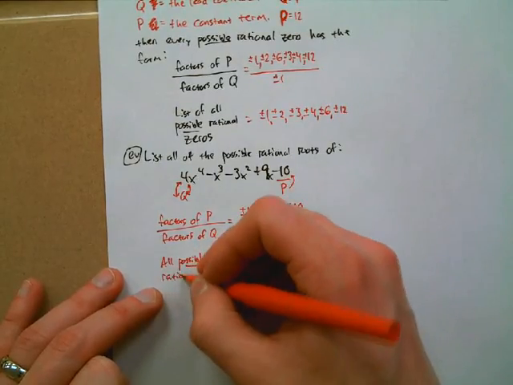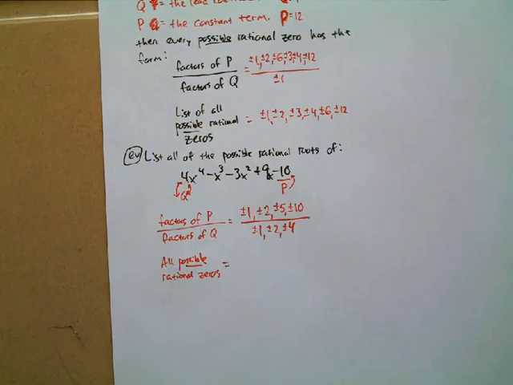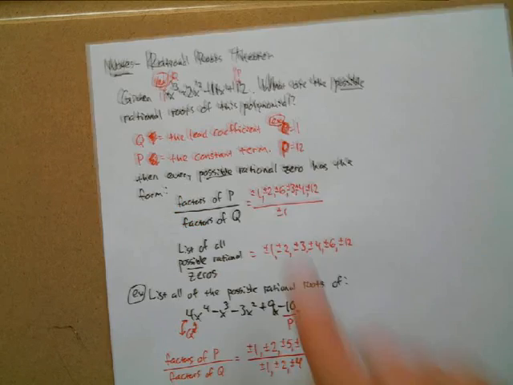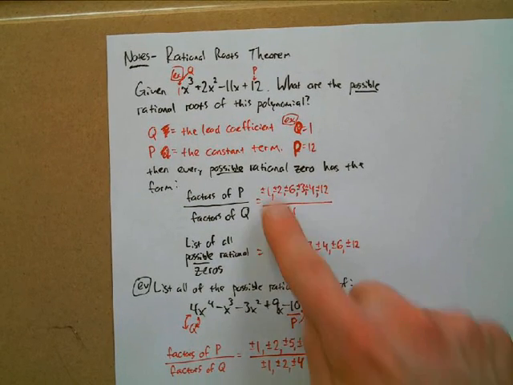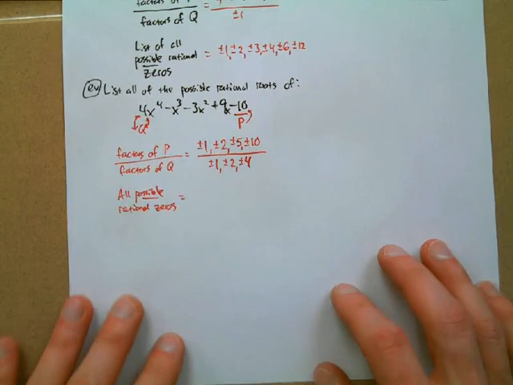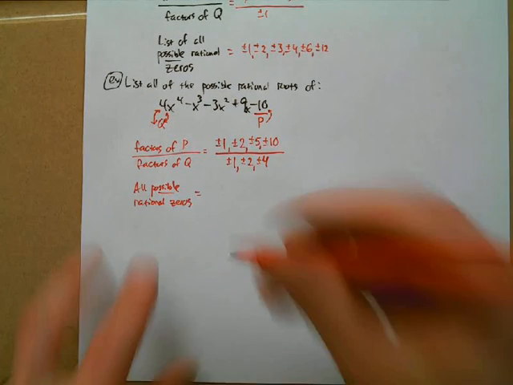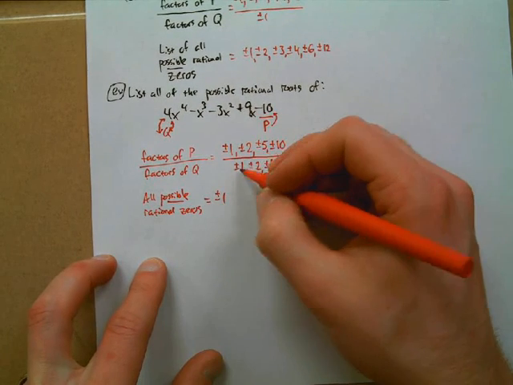We have 3 numbers that are factors of Q. Before we just had 1, so that was easy. It was just 1 over 1, 2 over 1, 6 over 1, 3 over 1, 4 over 1, 12 over 1. But now, what do I have to do? Well, 1 over 1, 2 over 1, 5 over 1, 10 over 1, which is just 1, 2, 5, 10.